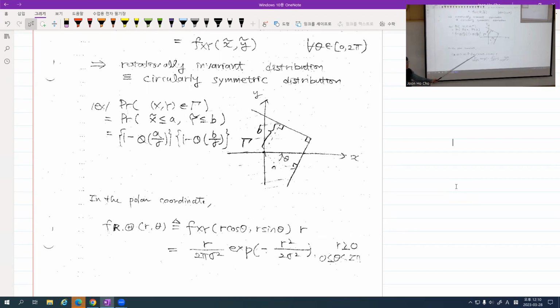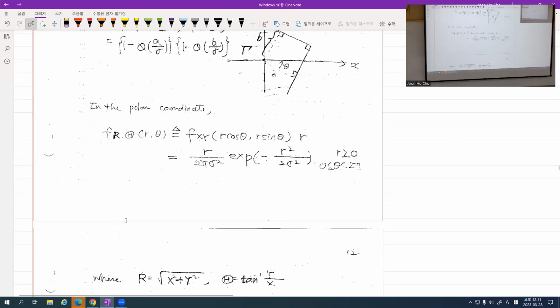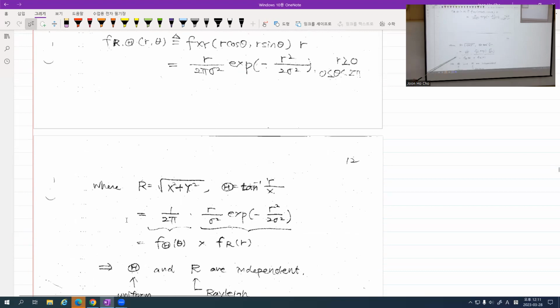If you plug in the density function of the standard Gaussian, you eventually have this. And here you see no theta appears. Integration of this with respect to r gives you 1 over 2 pi. So what does that mean? 1 over 2 pi is the uniform density of theta that is independent of the r random variable. So this joint density factors into uniform and Rayleigh. Got it?